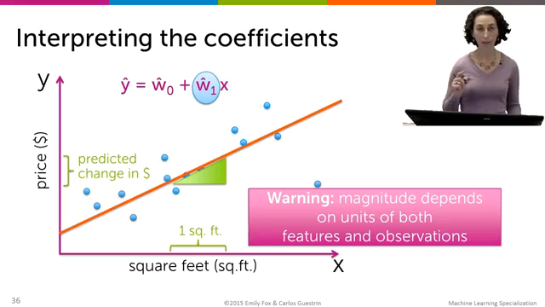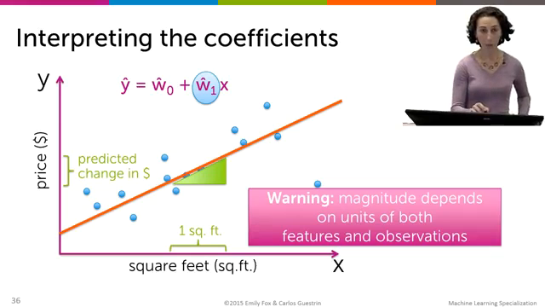But one thing I want to make very, very clear is that the magnitude of this slope depends both on the units of our input and on the units of our output. So in this case, the units of slope are dollars per square feet.